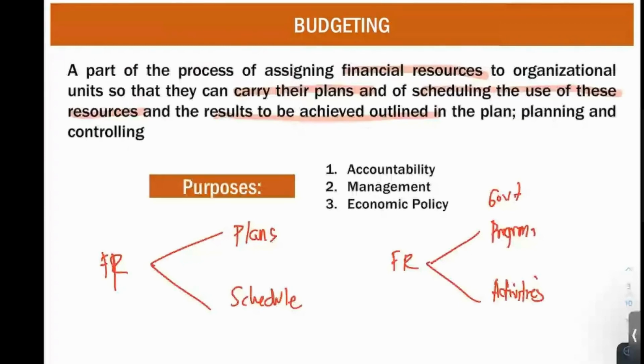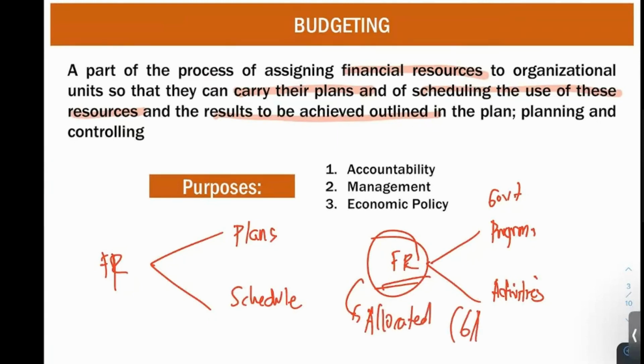Because we said these financial resources are to be ultimately allocated to your programs or activities. But before they are used for your programs and activities, these financial resources will be allocated or appropriated to your government agency. And this government agency now will spend it on these different programs or activities.